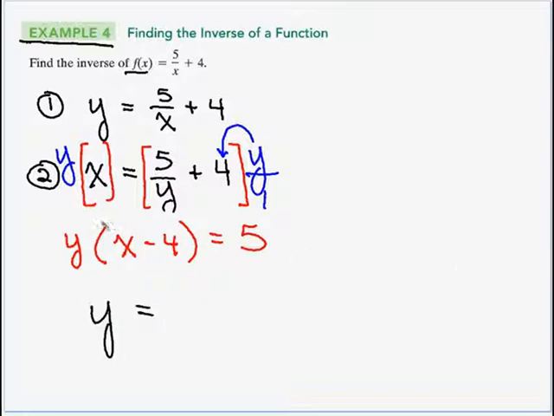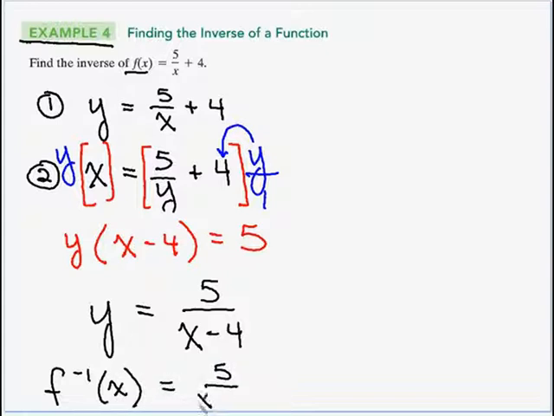So I divide out this x minus 4. I divide the other side, 5, by the quantity x minus 4. And I replace the y with f inverse. The inverse function of our original is 5 divided by the quantity x minus 4.